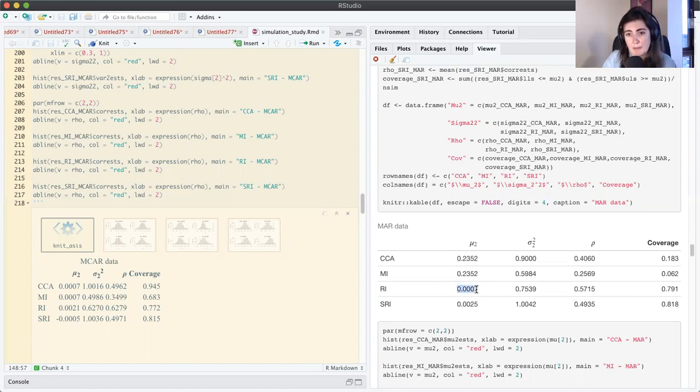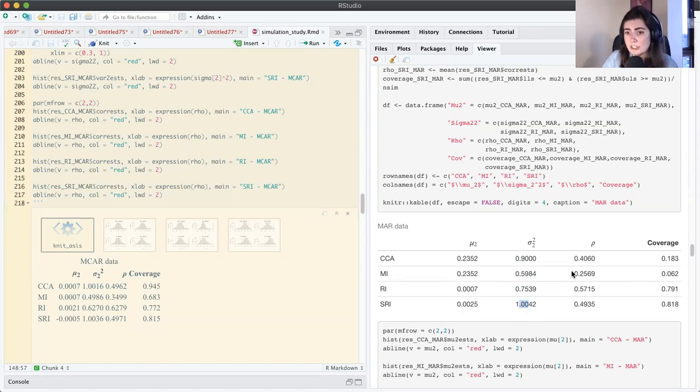Regression imputation unbiased, stochastic regression imputation unbiased. For the variance, complete case analysis 0.9, so not too bad. Mean imputation 0.6, bad. Regression imputation 0.75, and the variance under the stochastic regression imputation 1, so it's well estimated.